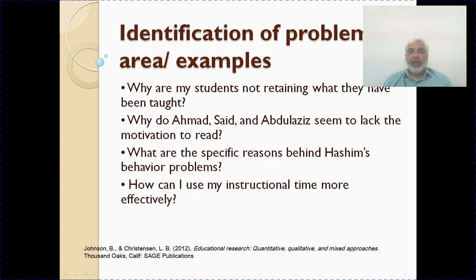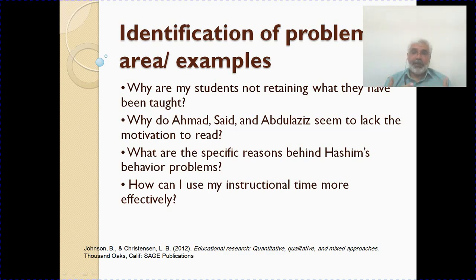Another question: why do Ahmed, Said, and Abdulaziz seem to lack the motivation to read? I need to know why this group of students in my classroom lack motivation to read. Certainly there are some reasons behind this, and I would like to know why. What are the specific reasons behind Hashim's behavior problem?